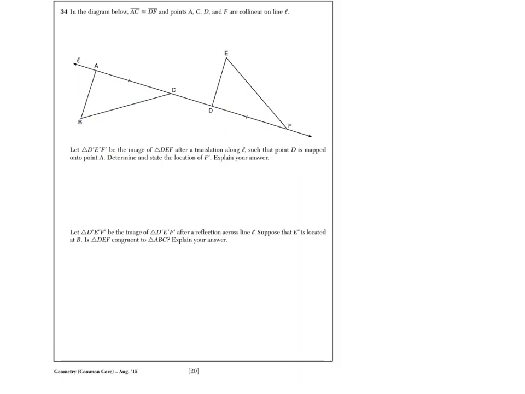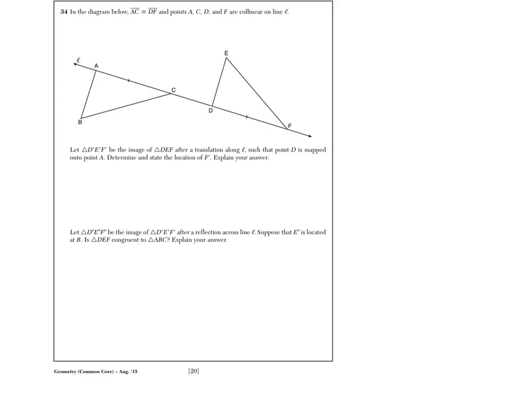Number 34, in the diagram below, AC is congruent to DF, and points A, C, D, and F are collinear on line L. Let triangle D', E', F' be the image of triangle DEF after translation along L such that point D is mapped onto point A. Determine and state the location of F' and explain your answer.